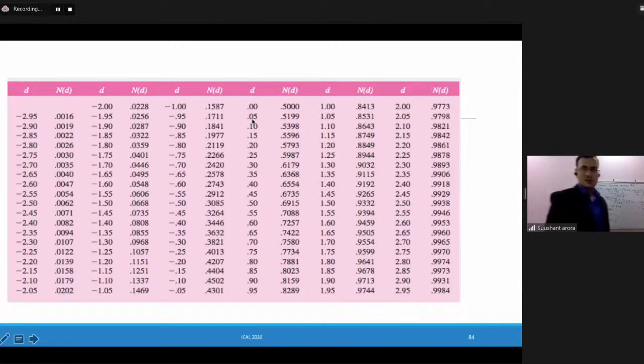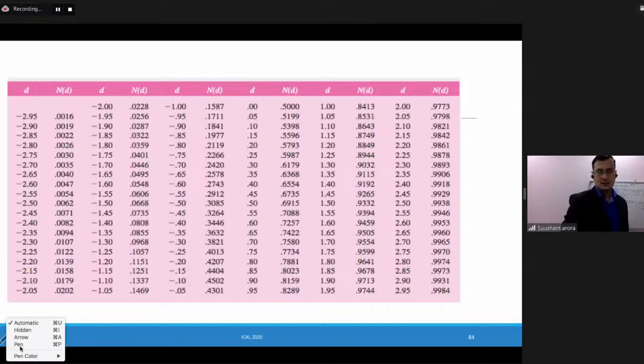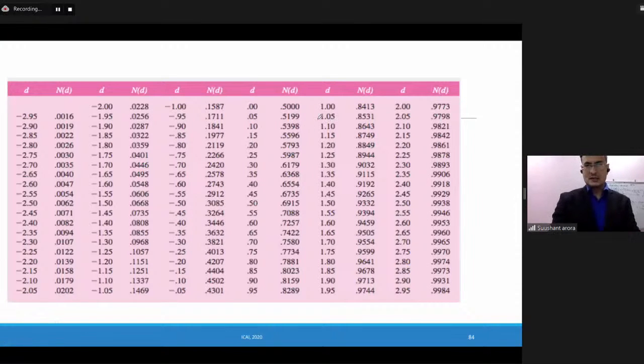So 1.106, somewhere over here, 0.85 some values. Sorry, not this one. This value, 0.8643 something.